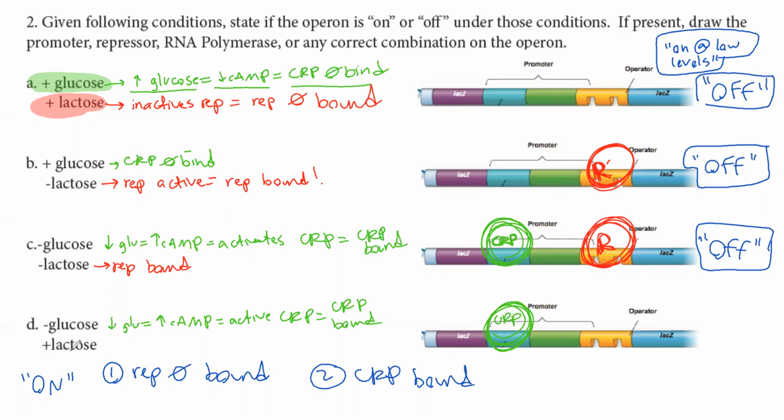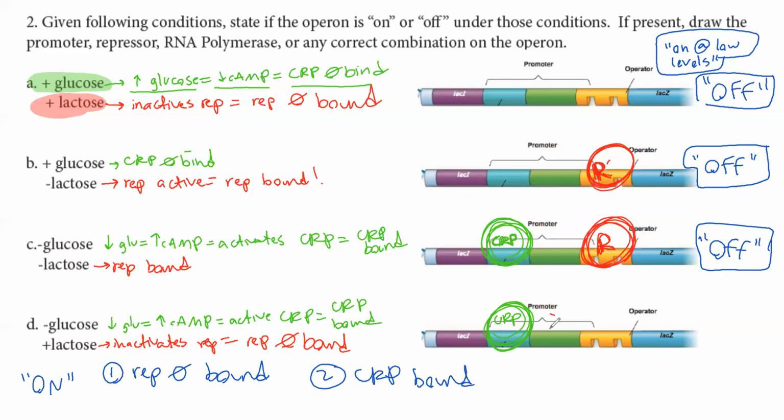And then we do have lactose. So what does lactose do to the repressor? Lactose inactivates the repressor, which means that the repressor is not bound. So no need to draw a repressor here. It's not there because it's being inhibited by lactose.